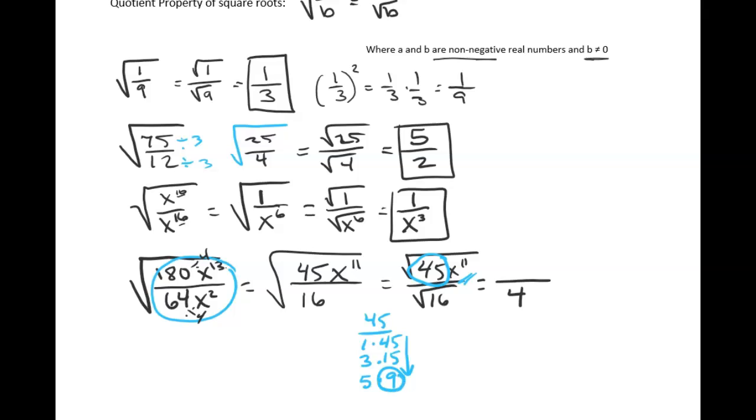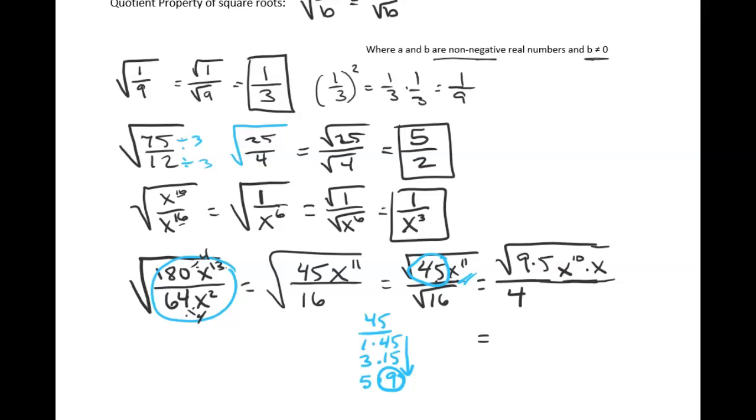So I'm going to break that 45 up into the perfect square 9 times 5. We've seen before that when we have x to an odd number, we break that down into the closest even number below that odd number. So for 11, the closest even below 11 is 10, and then I'll still have times x to the first. If I multiplied it back together, 9 times 5 is 45, and x to the 10th times x to the first is x to the 11th, so it's equivalent.